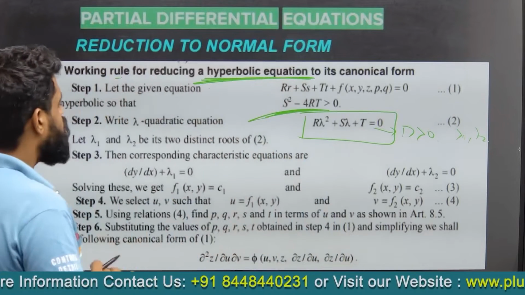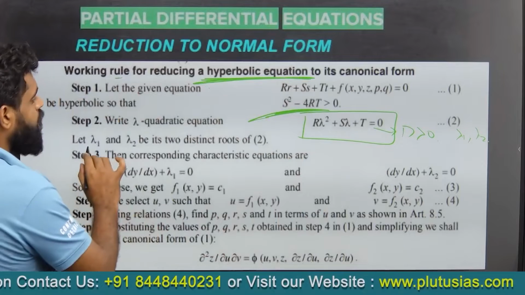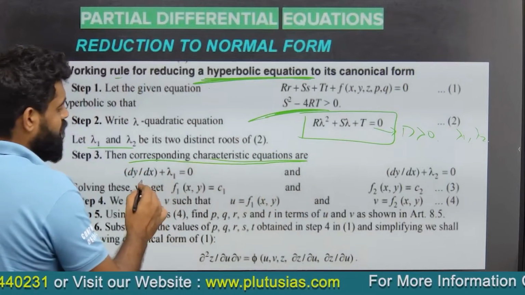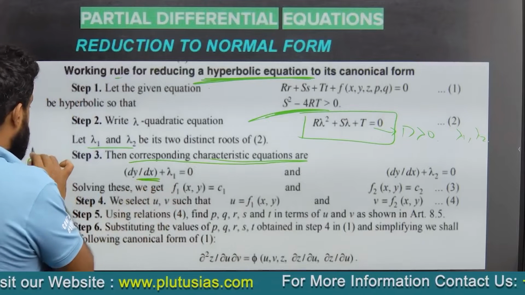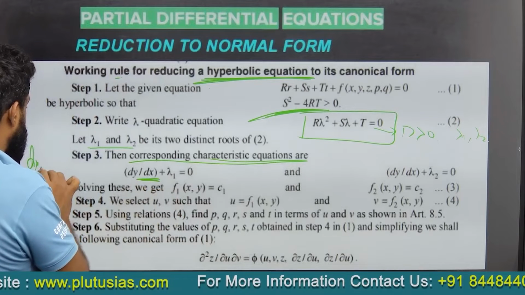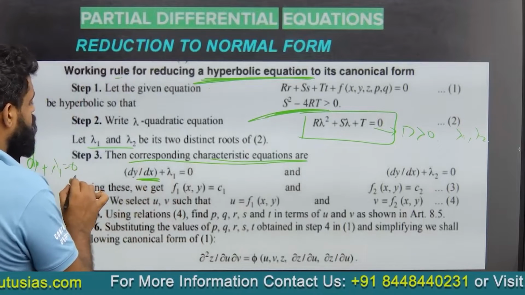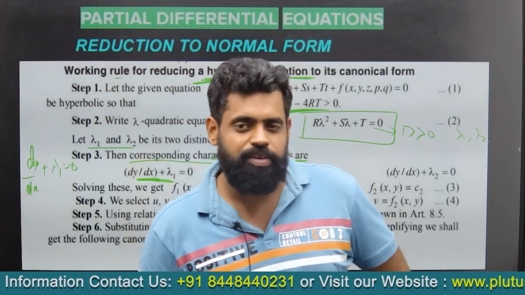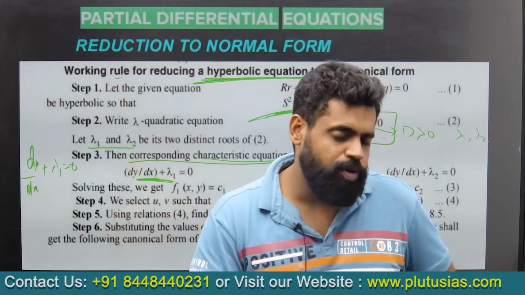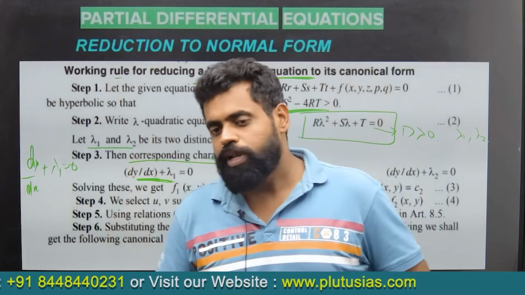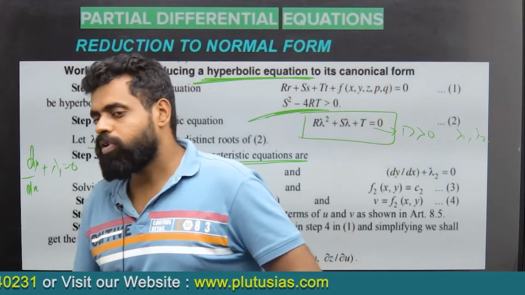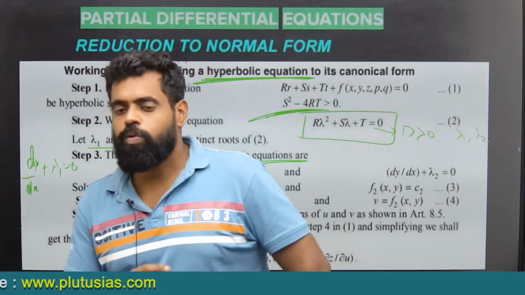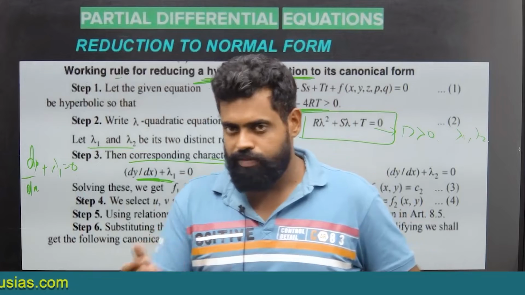So what do we do here? Then the corresponding characteristic equation, that is dy by dx plus lambda 1 equal to 0. You don't have to learn from where this characteristic equation comes. The important thing in mathematics is that you study only for this examination. Scoring marks is a different thing and learning is a different thing.